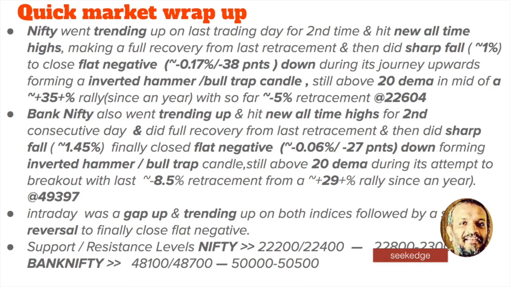So it was a very big fall of 1.5 nearby points from the top, and finally it was flat negative, just 27 points down. It also formed an inverted hammer and bull trap. We've already seen that, but it's still above the 20 exponential average. So the value in Banknifty is near 39% at 49,397.